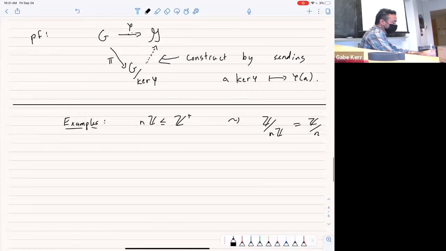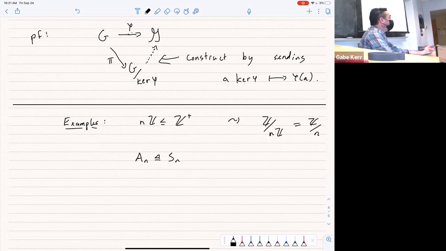Another example that would be really nice to think about is the set of even permutations, which we call the alternating group. That's a normal subgroup inside of the symmetric group. And what's its index? How many cosets? Two. Right, they're even or odd.